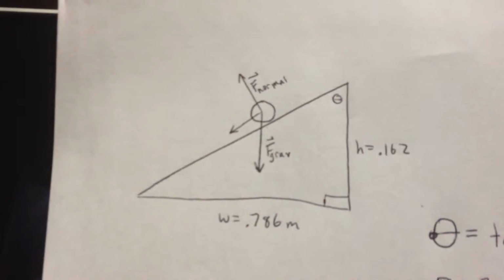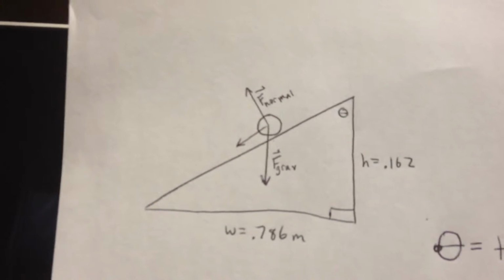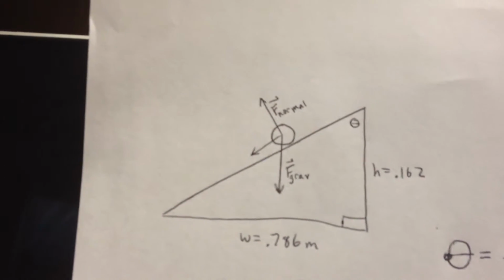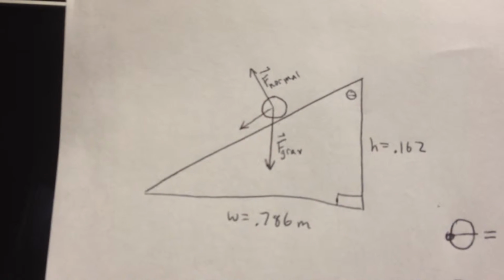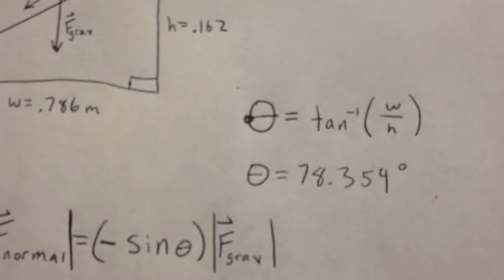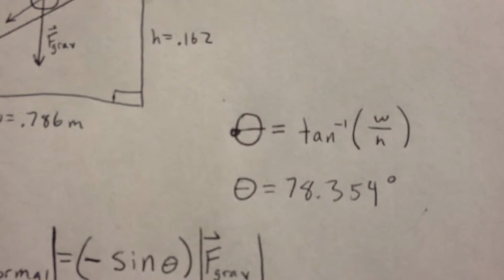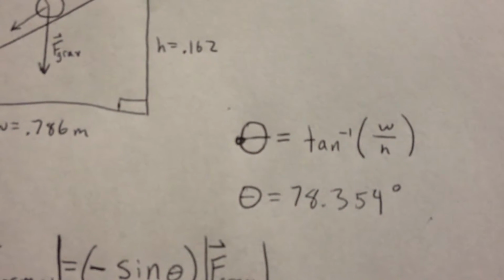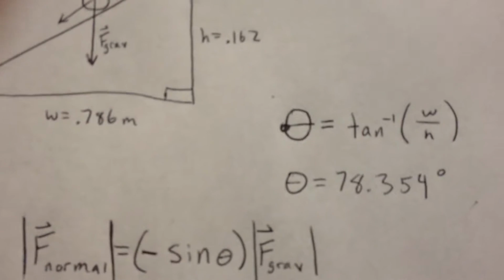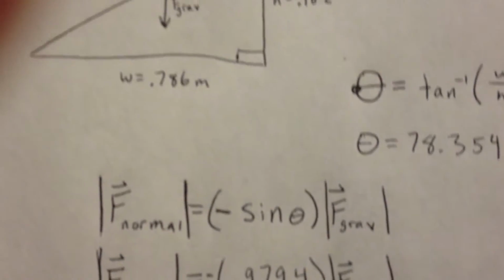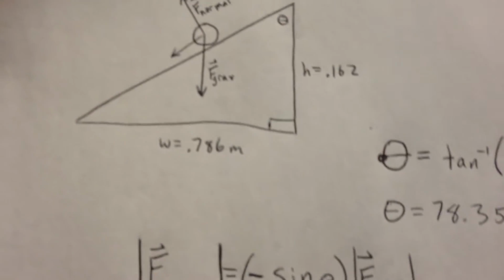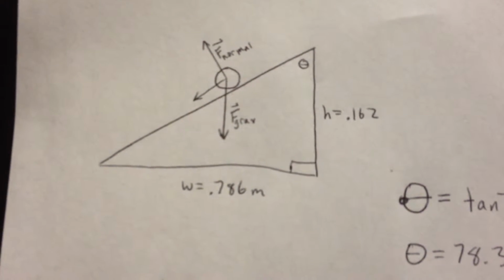I got the height and width from the difference in X and Y in the Tracker video, and then the theta that's up there I found by theta equals the inverse tangent of the width over the height, and I got that theta is 78.354 degrees.